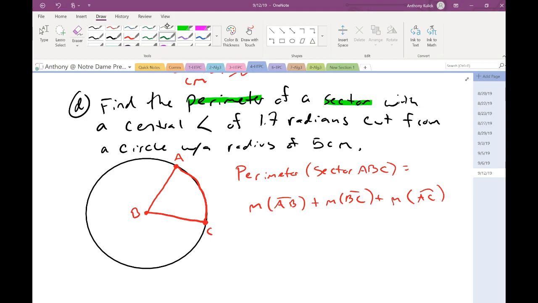How long is AB and BC? 5 centimeters. How did you know that? Yeah, they're both radii of the circle, and we know the radius is 5. So each of those is 5. Everybody good with that idea?